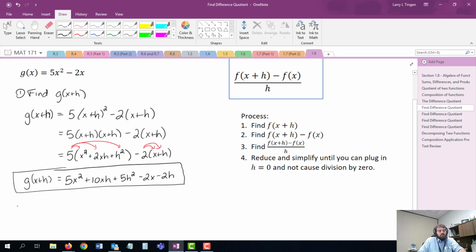All right, step two, find g of x plus h minus g of x.